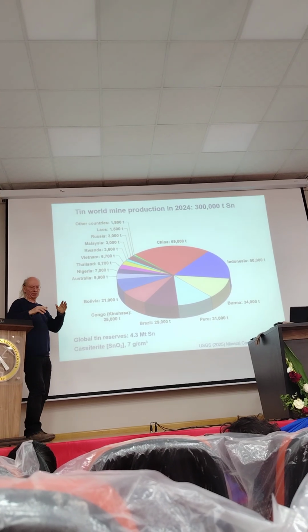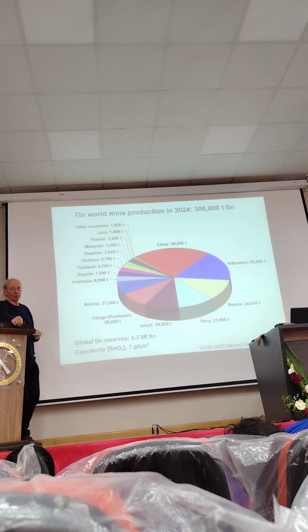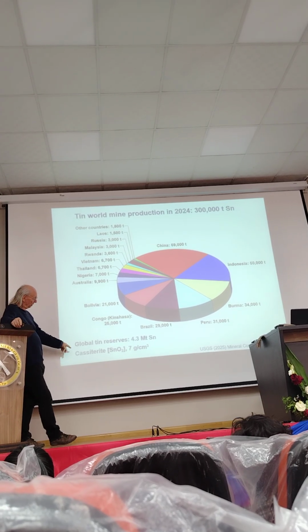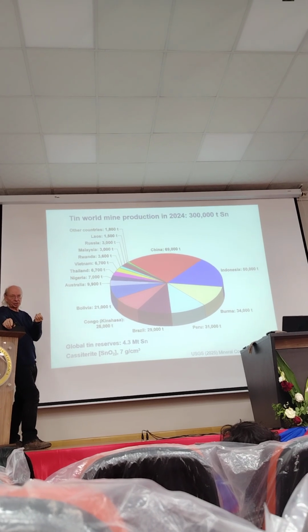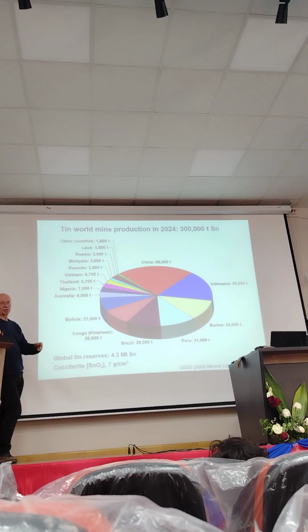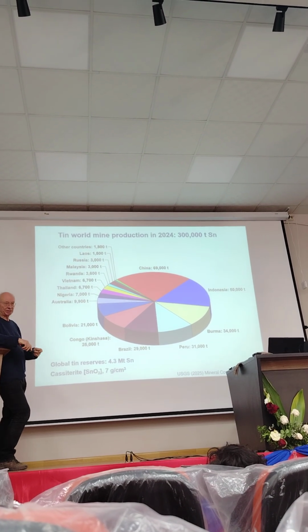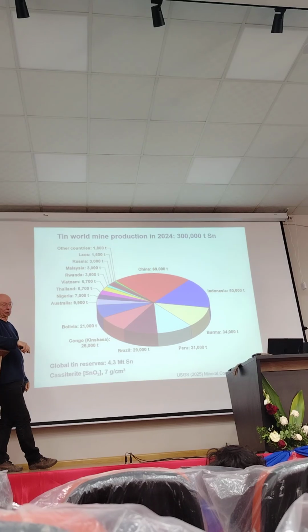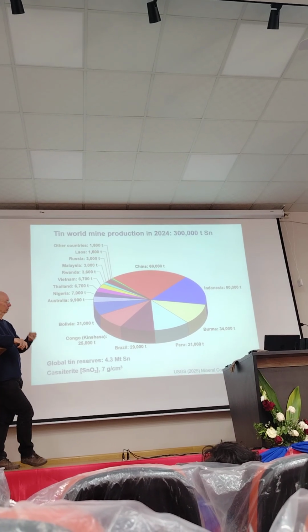Actually, tin has a very simple mineralogy with respect to economic aspects. It's only in one mineral with the name of cassiterite. Cassiterite is quite a heavy mineral, 7 grams per cubic centimeter. This is why it can be enriched in places. And it is more or less insoluble and mechanically stable.